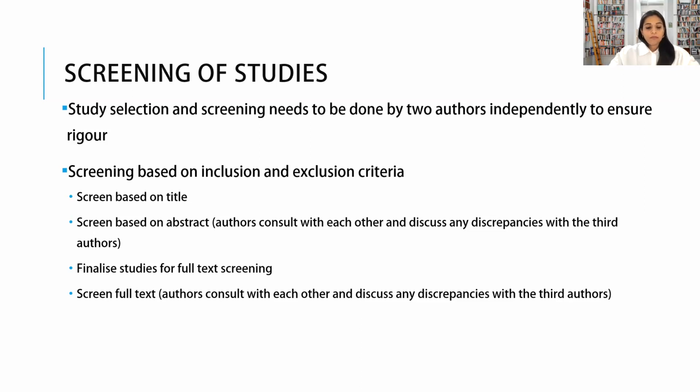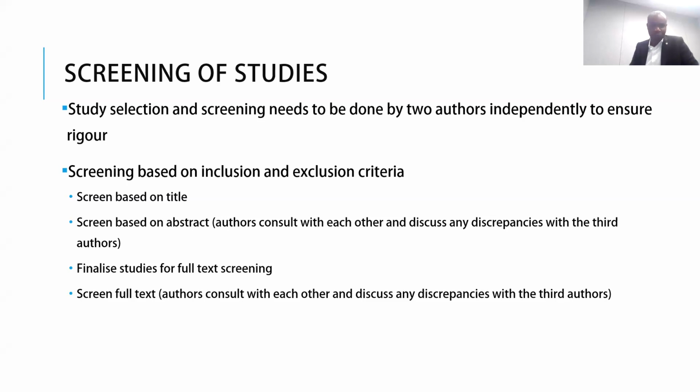If there are discrepancies across the screeners, those who are doing this independent screening, then you may have to have a conversation where a third person, or a third author, comes in to also cross-check, and you can have a consensus on what needs to be done. Finalize all the studies that need to be included in your work.